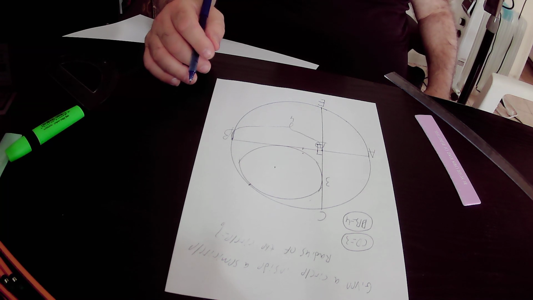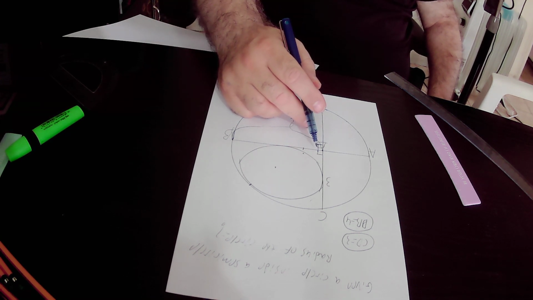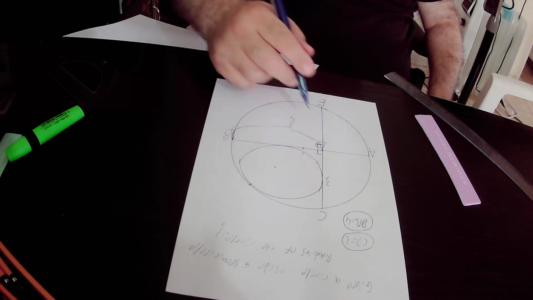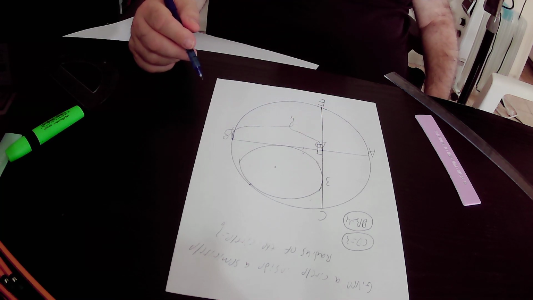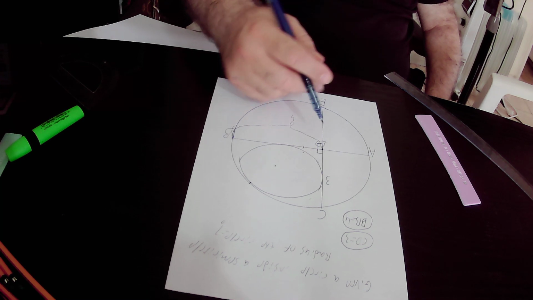And here we also know that angle EDB equals 90 degrees and angle CDE also equals 90 degrees. So actually here DE is also the mirror image of CD.